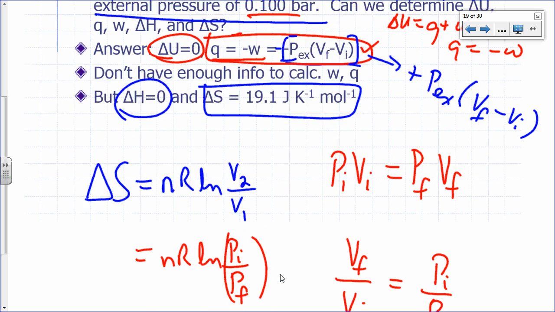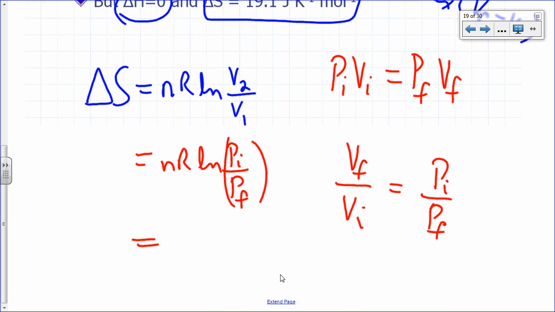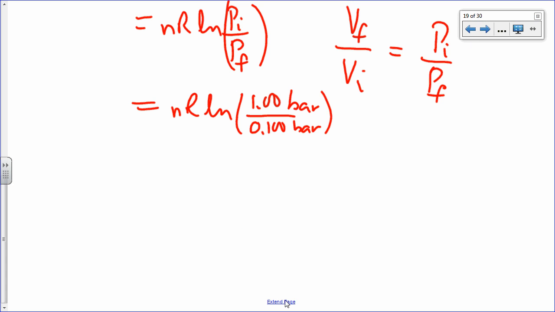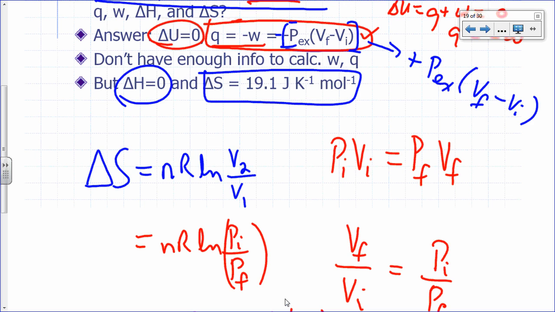Okay? So you can say this is going to be nR ln, initial pressure is 1 bar, and final pressure is 0.1 bar. So this is going to be equal to nR ln of 1 over 0.1, which is 10. So what's nR times ln 10? What's R ln 10?